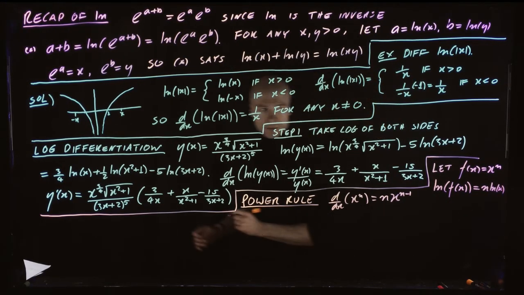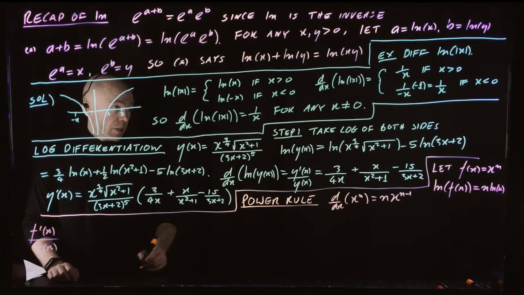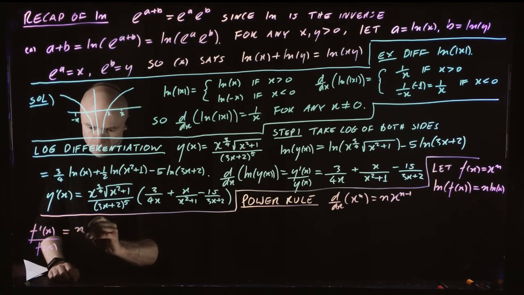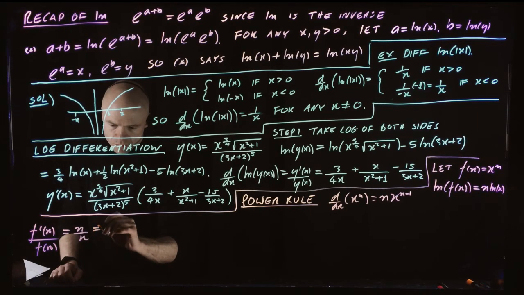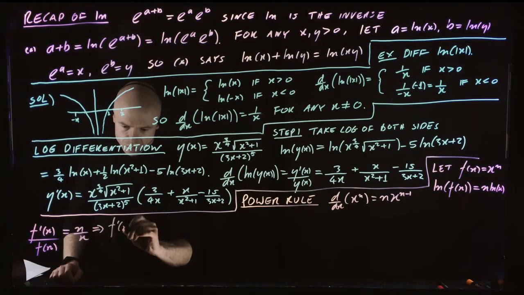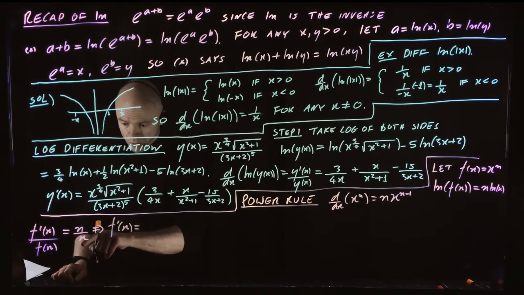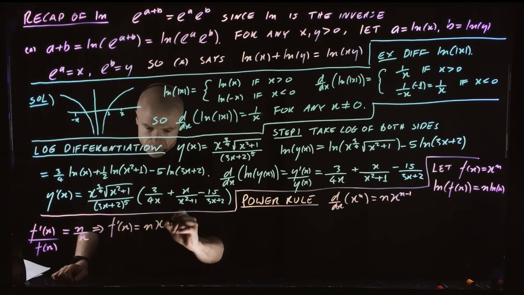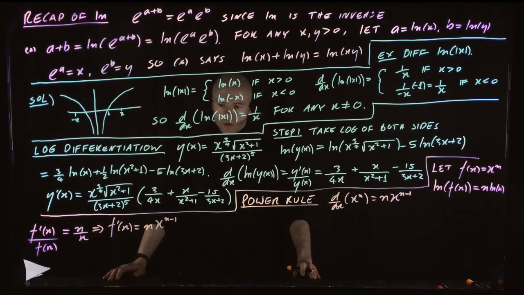And then differentiating, we're going to have that f prime over f is just going to be n over x. And then put the f on the other side, we have that f prime of x is equal to, since f is x to the n, and we have 1 over x, n x to the n minus 1. Really fast, really slick proof of the power rule without this complicated algebraic cancellation that we saw before.